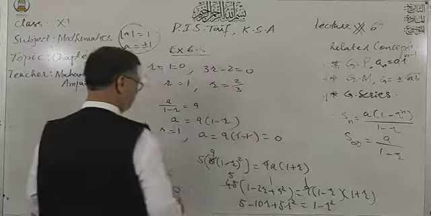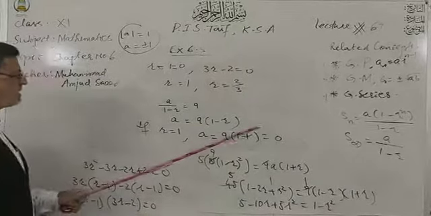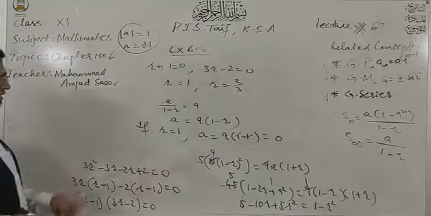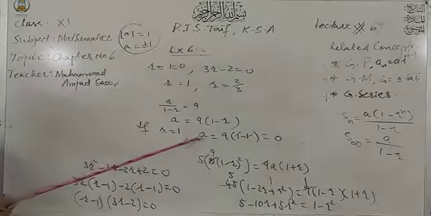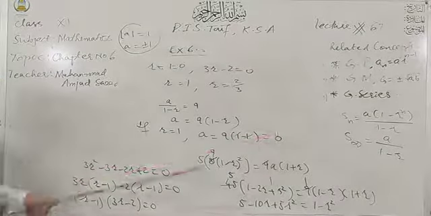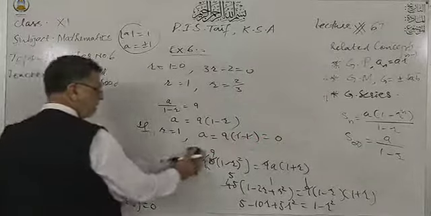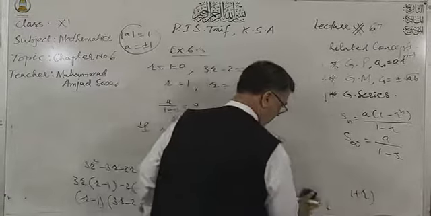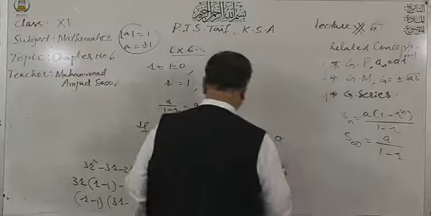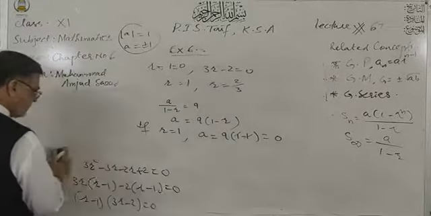So definitely if a is 0, you cannot make any series, because in a geometric series each term involves a, and if a is 0, then all terms will be zeros. Therefore r = 1 is not possible.